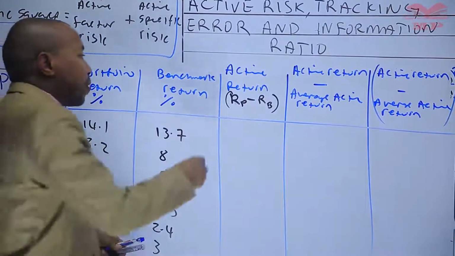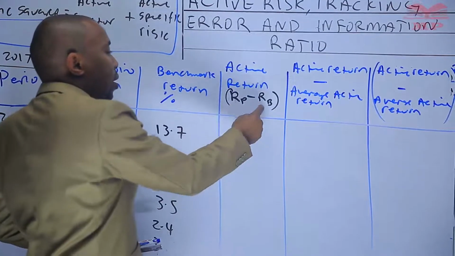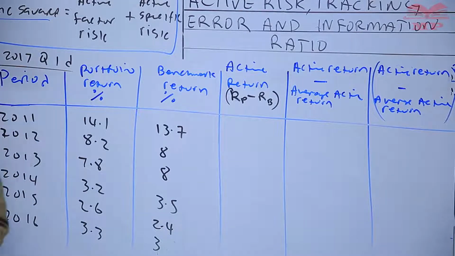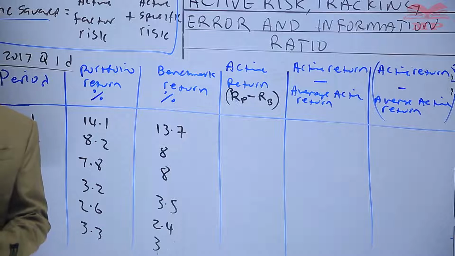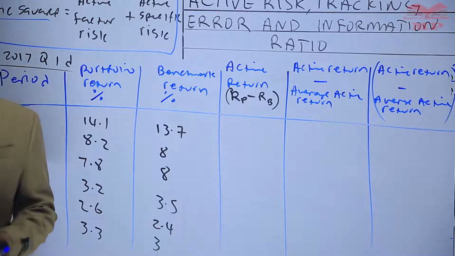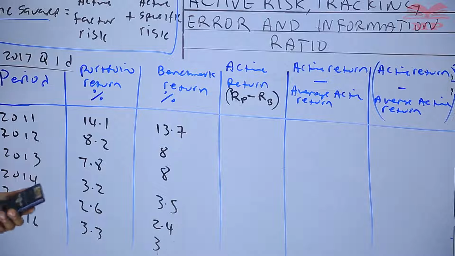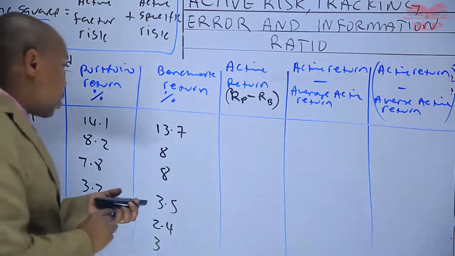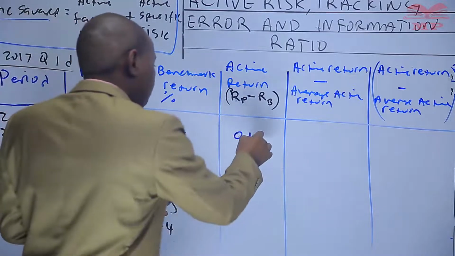How do we get the active return? Return on the portfolio minus return on the benchmark. So we pick the calculator right here. 14.1 minus 13.7, 0.4. Now we can start populating with a different color. So we have 0.4.